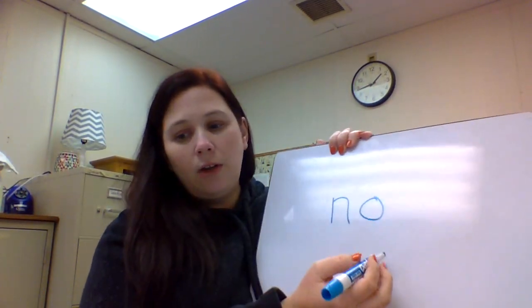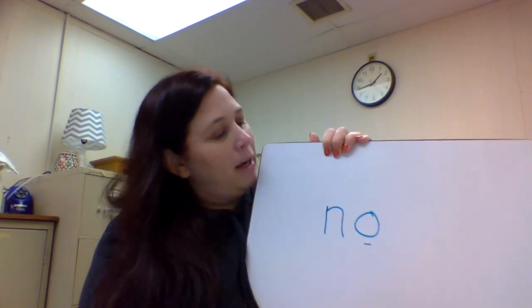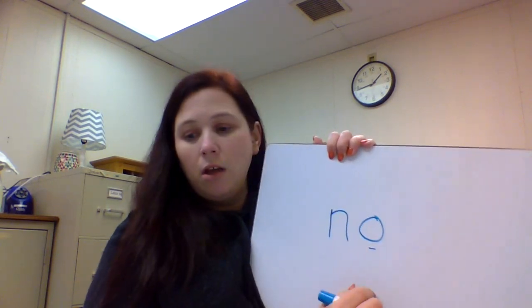All righty. Let's take our board back. I'm going to write on the board the word no. Do you see a vowel in this word? I do. It's right here. All right. Is it followed by a consonant? Followed would be after the vowel. No, we have nothing there.